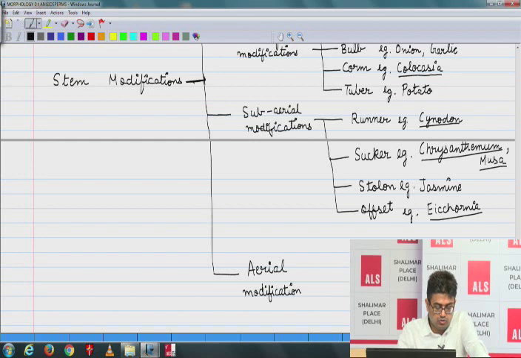Tendril, thorn, cladode, phylloclade, and bulbil. Let us write them down.